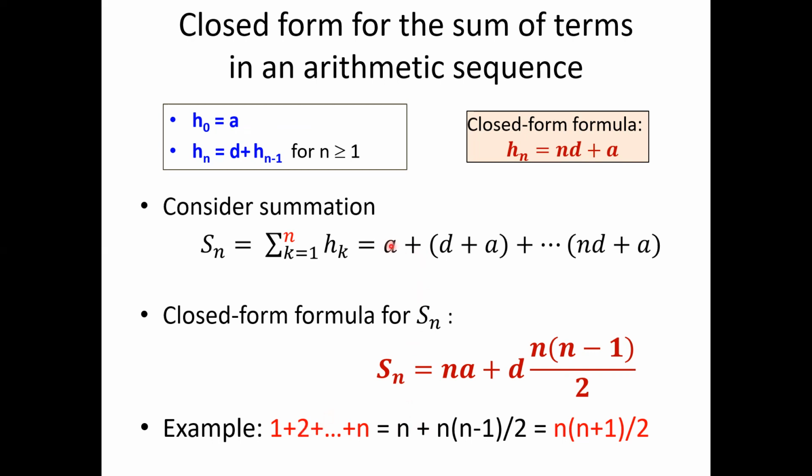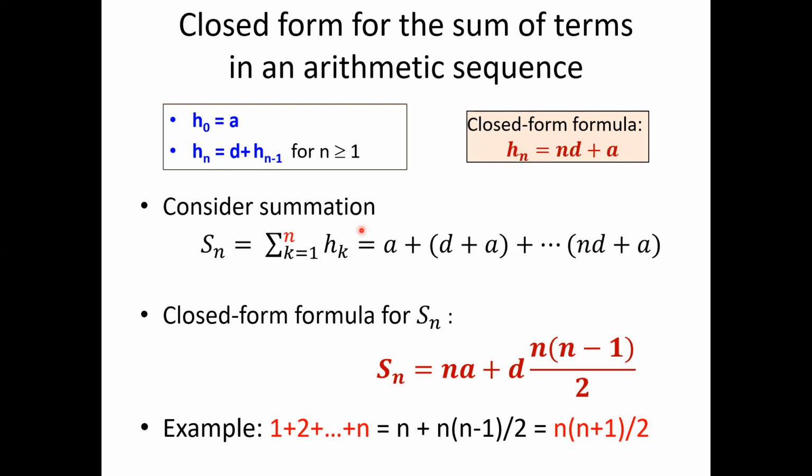Well, I guess a is 1, but if a is 1, I can think of this sequence as starting from a1 and adding 1 every time, so d is 1, and so this d here will be 1. But how many elements am I adding? Okay. You know what? Hold on a second.